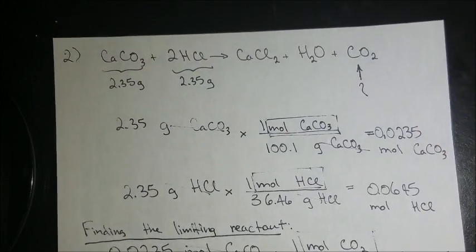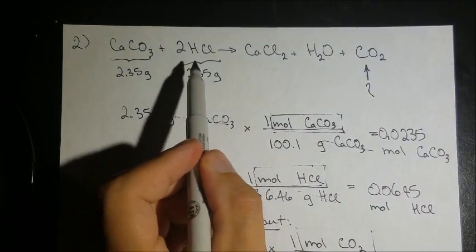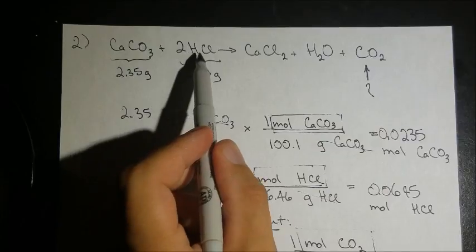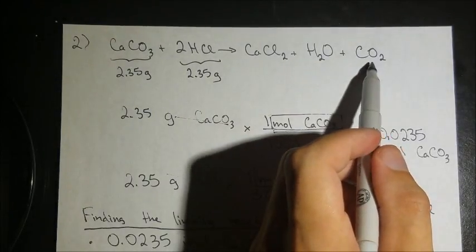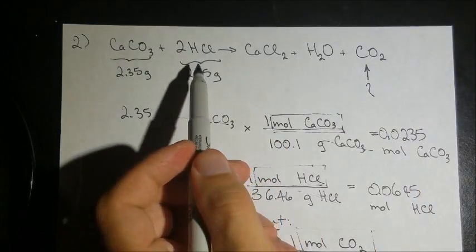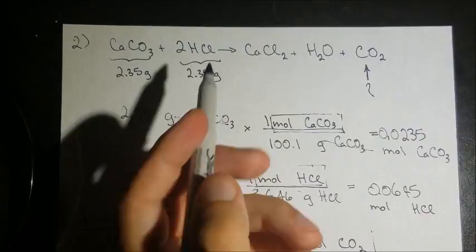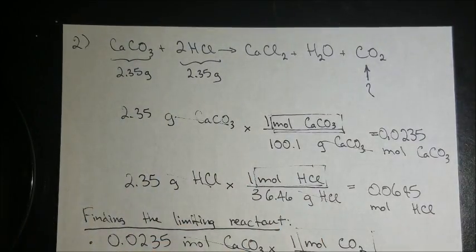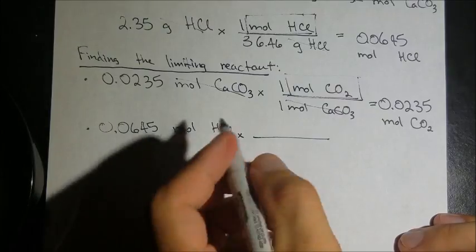And let's go back to our chemical equation. Our mole to mole ratio here is 2 to 1. We have 2 moles of HCl consumed for every 1 mole of CO2 produced. So we need twice as many moles of HCl to produce a mole of CO2. So we're going to come back here and use that mole to mole ratio.